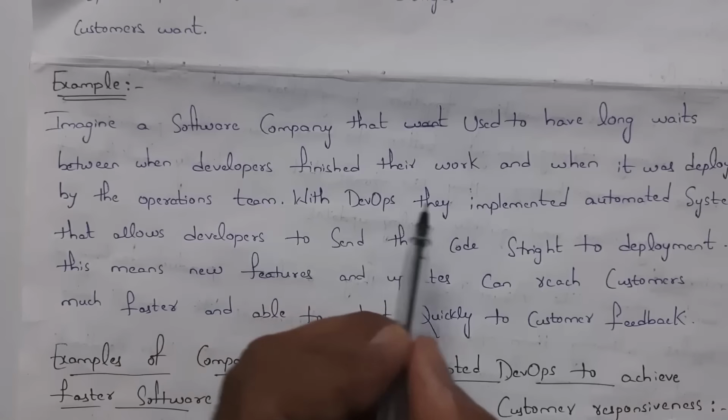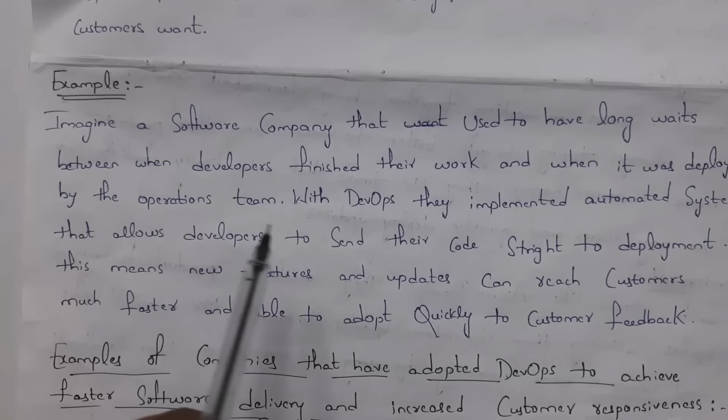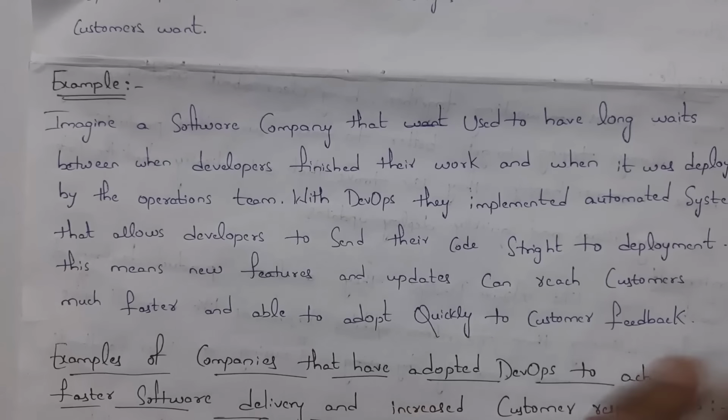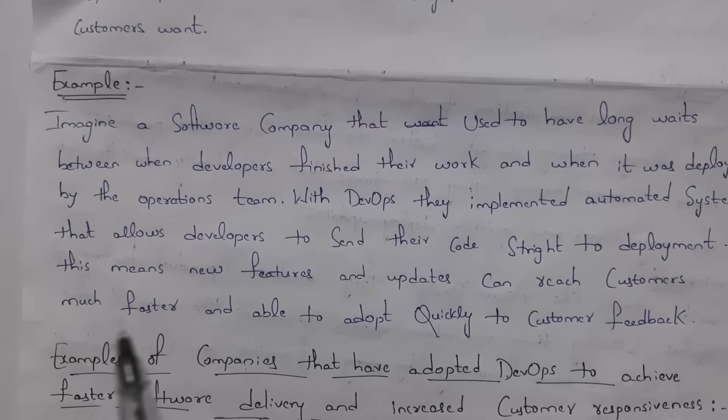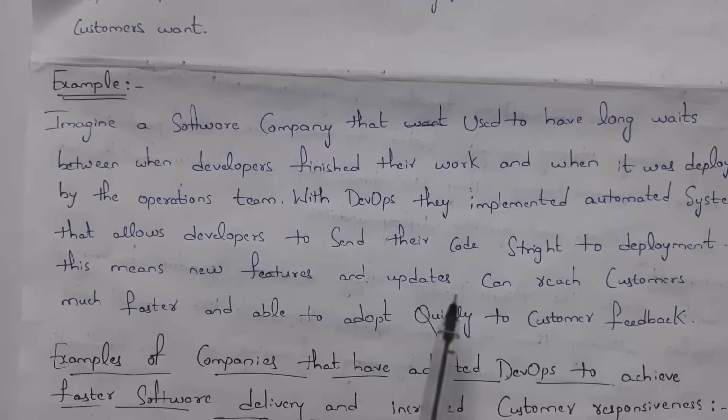So with DevOps, they implemented automated systems. That is nothing but they are using various kinds of automation tools that allow developers to send their code straight to deployment. That is nothing but our code is directly placed in server. So this means new features and updates can reach customers much faster and they are able to adapt quickly to customer feedback. So whenever customer gives new feedback, immediately they will update that code.